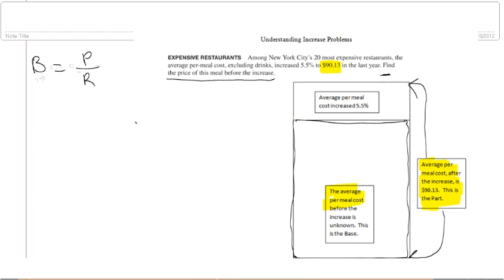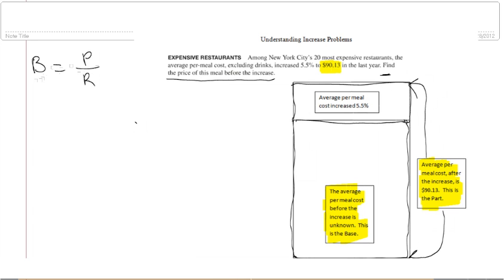And in fact, the average per meal cost before the increase is unknown. This is what we're trying to find. But when we take the per meal cost before the increase and add on this upper portion of the box, that gives us the new value, which is $90.13.